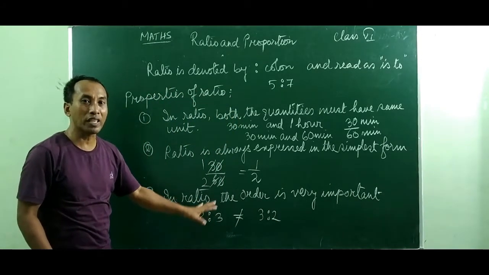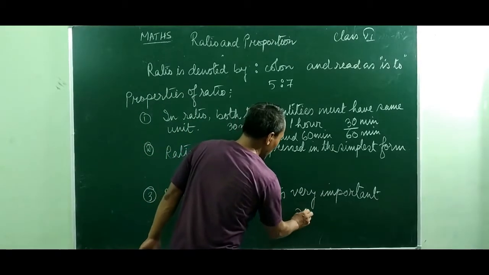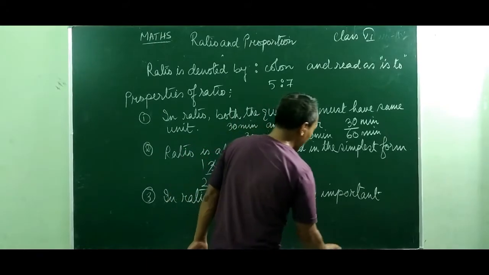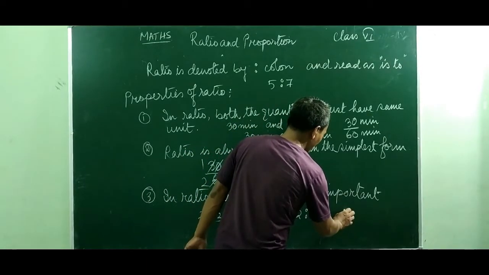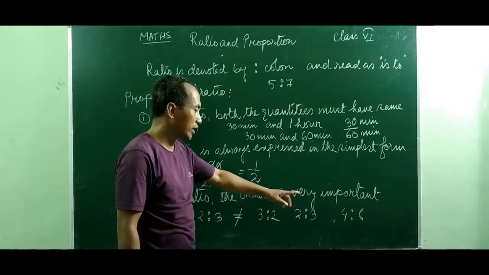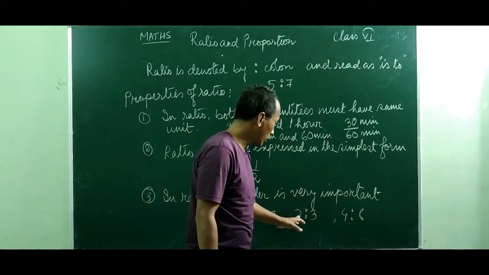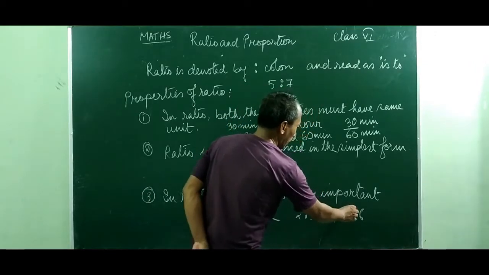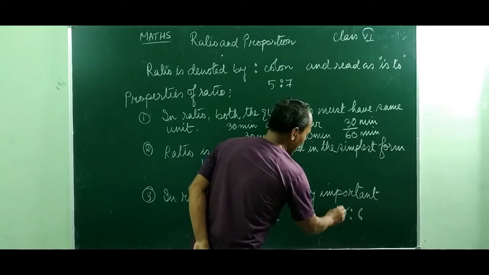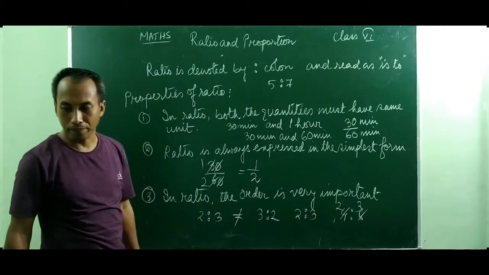If you say 2 is to 3 and another is 4 is to 6, if you convert it into simplest form, 2 twos are 4, 2 threes are 6, so the order is same.